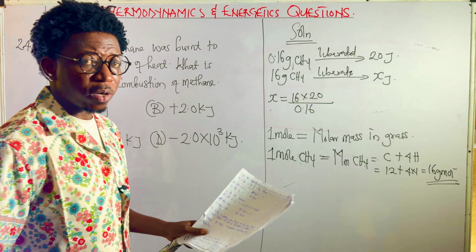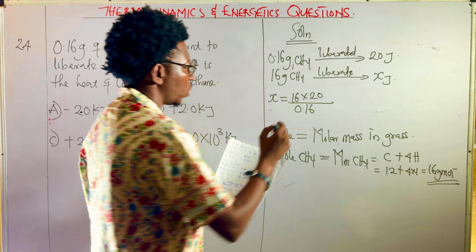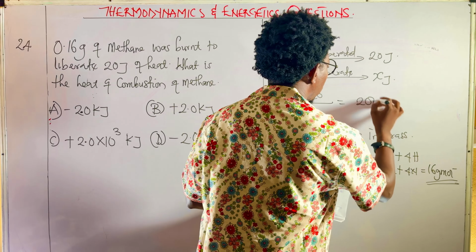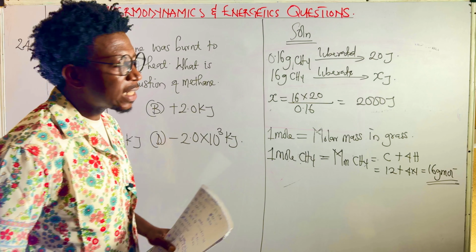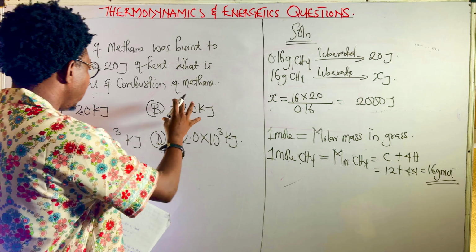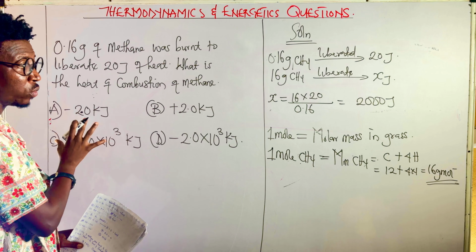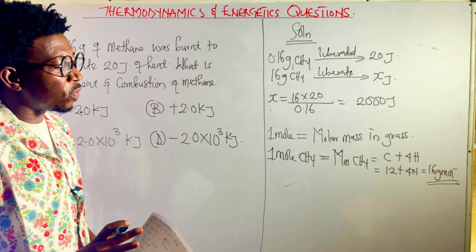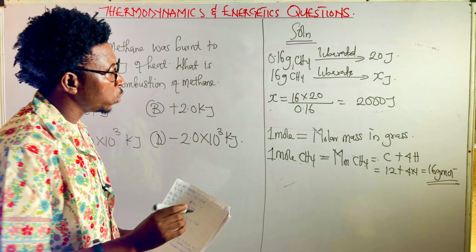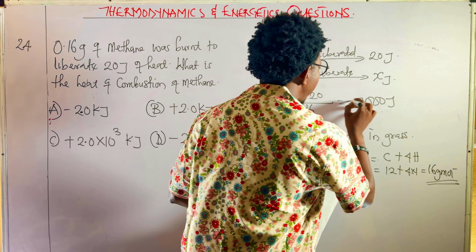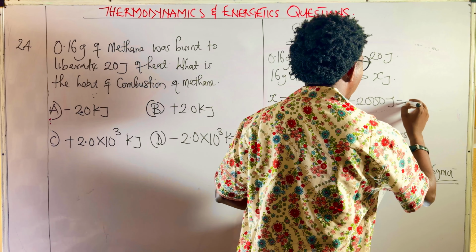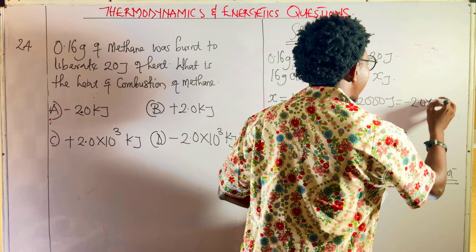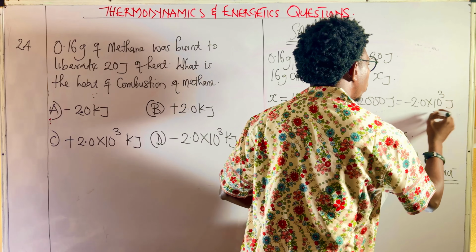If you punch your calculator, we are going to have 2000 joules. And like I said before, if they involve sign in the options, take note that heat of combustion is always exothermic. So it will be minus 2000 joules, which is equal to minus 2.0 times 10 raised to the power 3 joules.